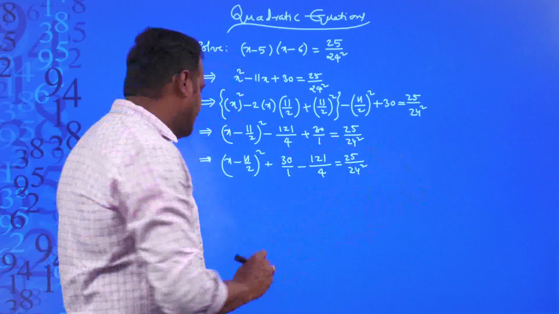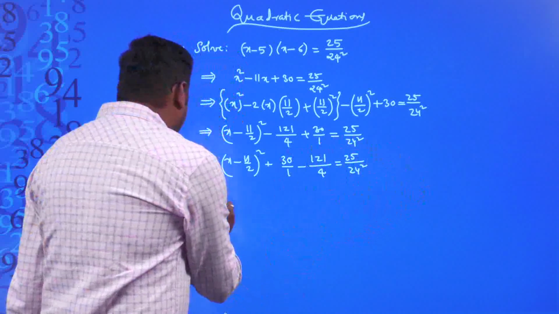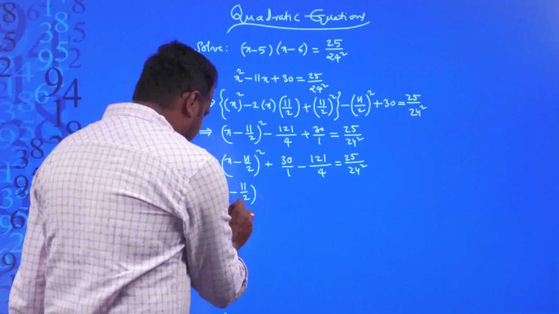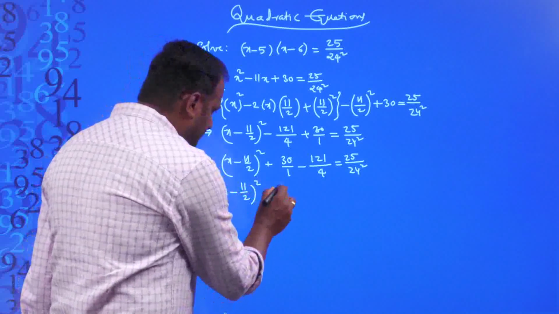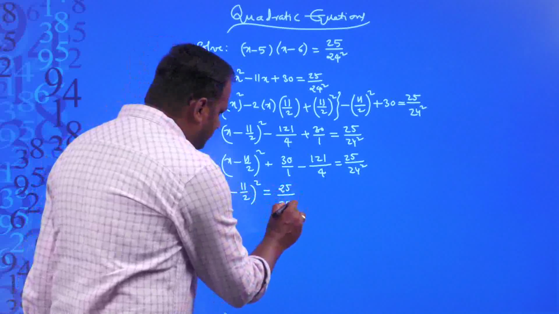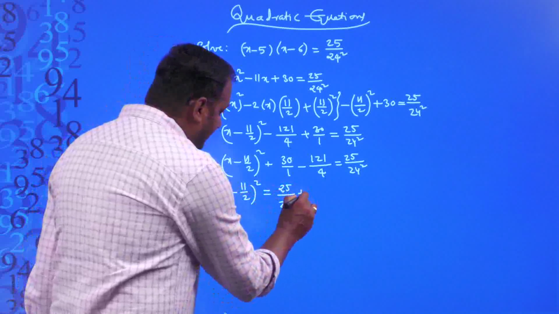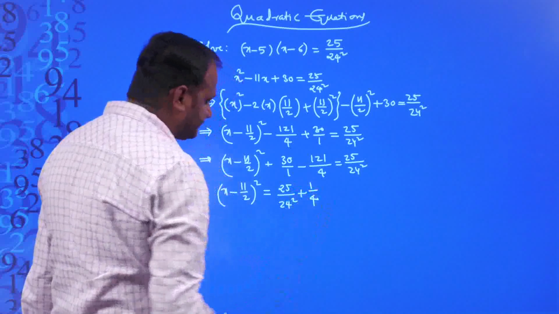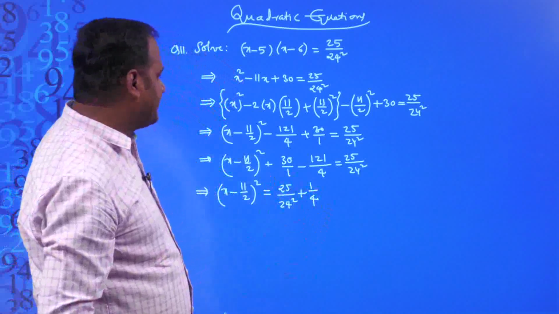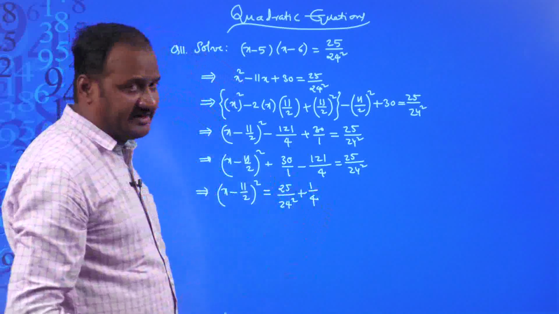No confusion, right? Okay, that implies x minus 11 divided by 2 whole square is equal to 25 divided by 24 square plus 1 divided by 4. Okay, let us try to understand this. 25 by 24 square plus 1 divided by 4.